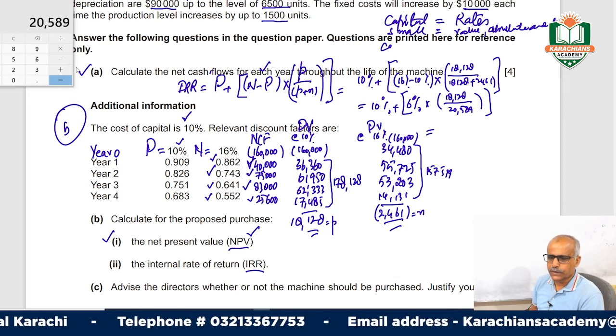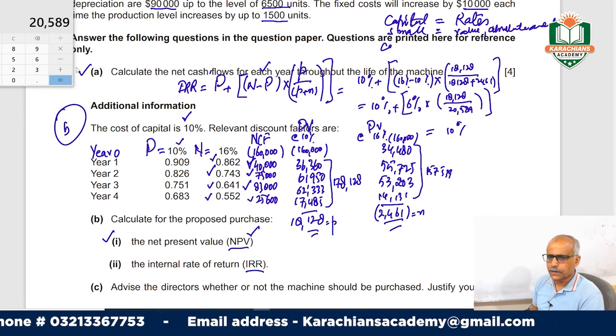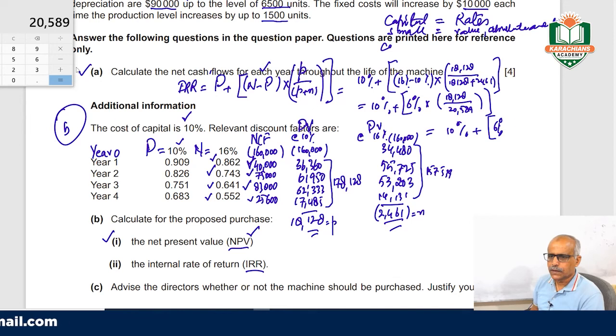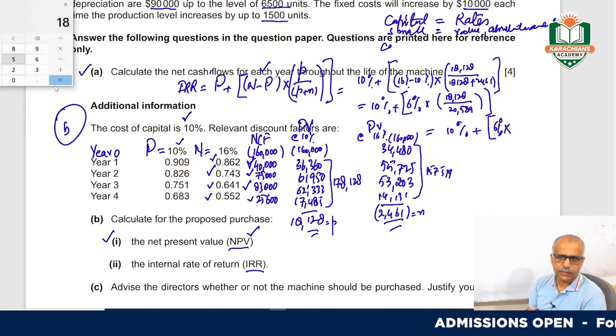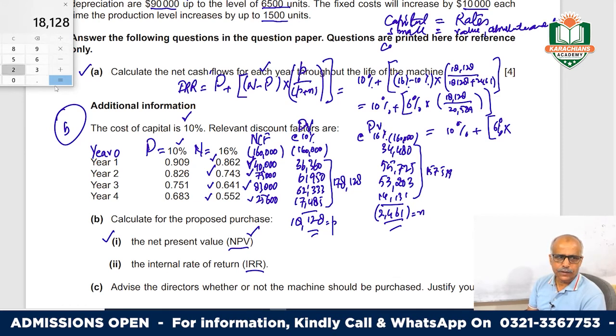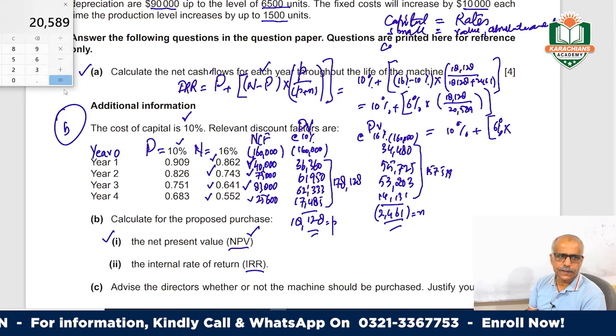Now we will see: 10% plus 6% multiplied by the factor 18,128 divided by 20,589.